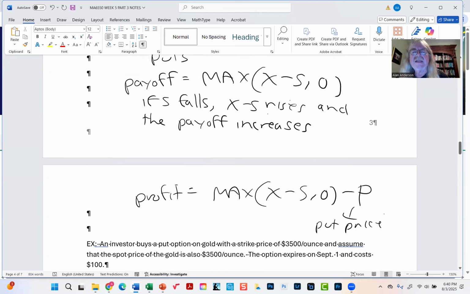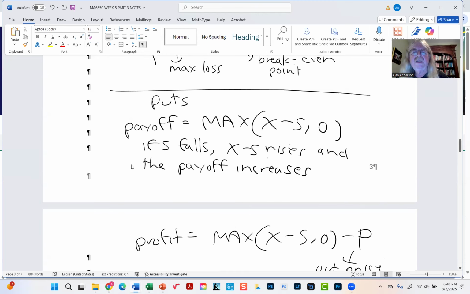All right, so that being the case, then you can see the logic behind these statements here. The payoff is max X minus S and zero, and the profit or loss is max X minus S or zero, minus P. So then the graph looks like this.